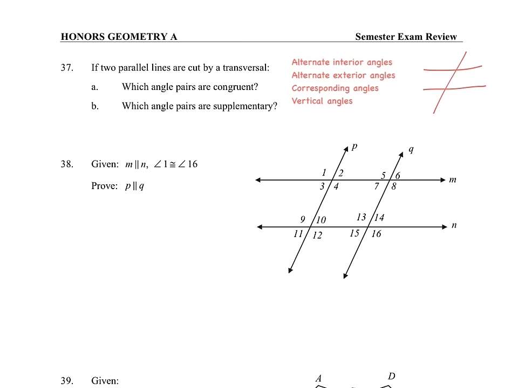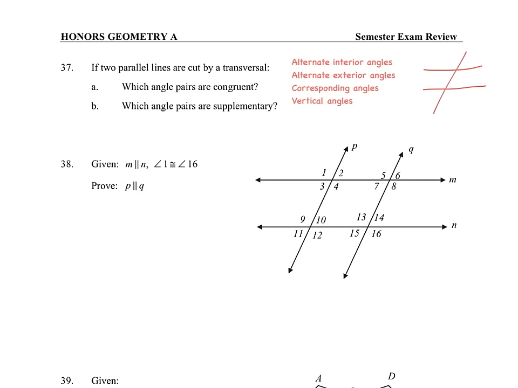Because right now this angle has these two parallel lines, but it deals with two transversals. So I either need to take this angle and relate it to something over here or relate it to something over here. So what I'm going to say is that angle 1 is congruent to angle 9.